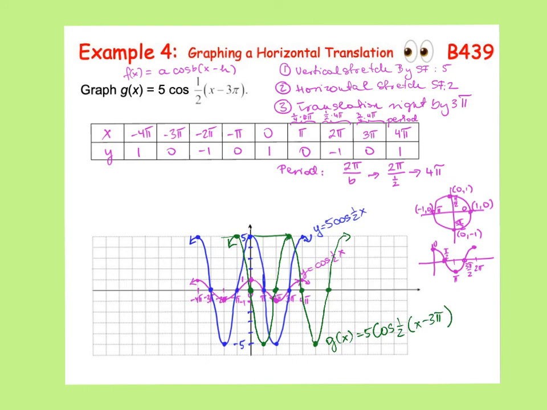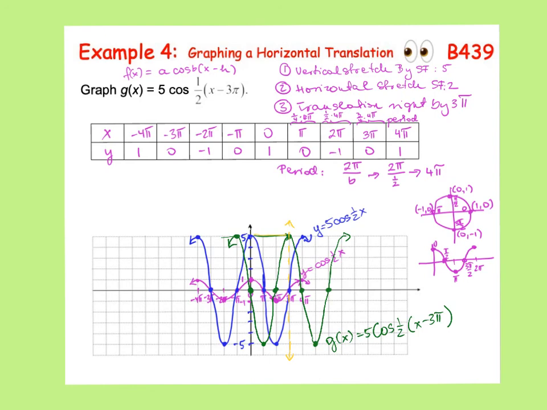And if I wanted to use a different color, let's use a yellow, when I'm moving 3 squares to the right, I'm really moving the y-axis to here, 3 squares to the right. So that would be the new y-axis.